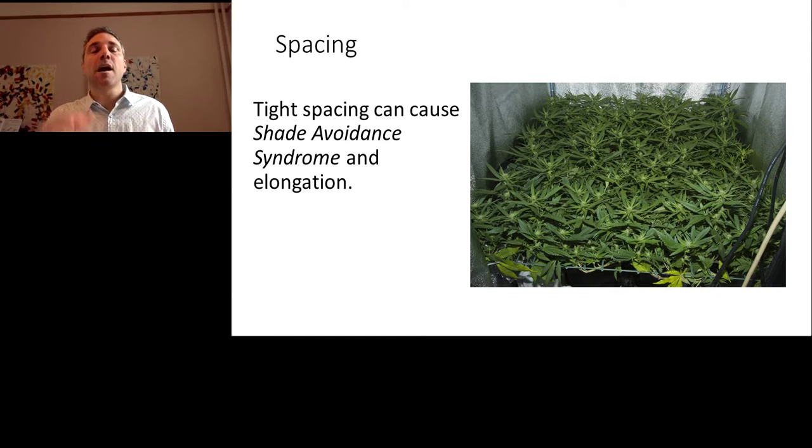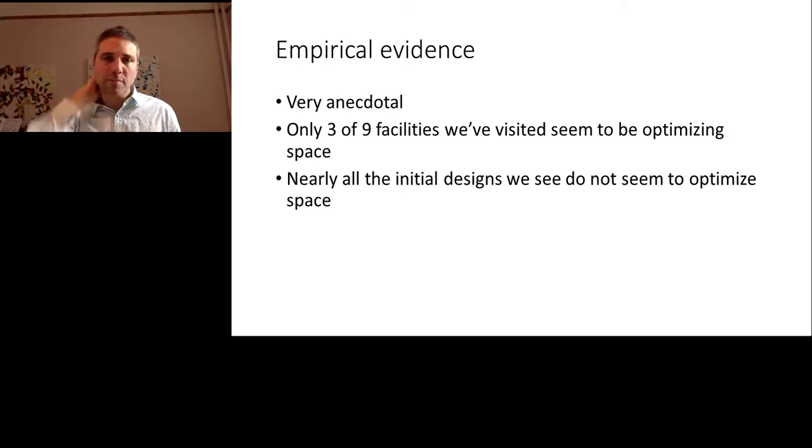Okay. So now, like I said, I want to emphasize that my data on how facilities are managing space is very anecdotal at this point, because it's hard to visit facilities. To visit a facility, you need security clearance, you have to know the growers.